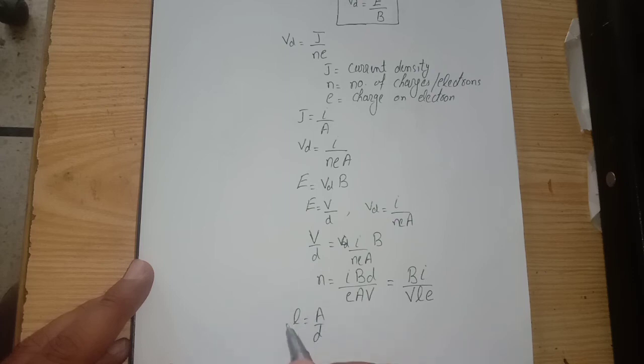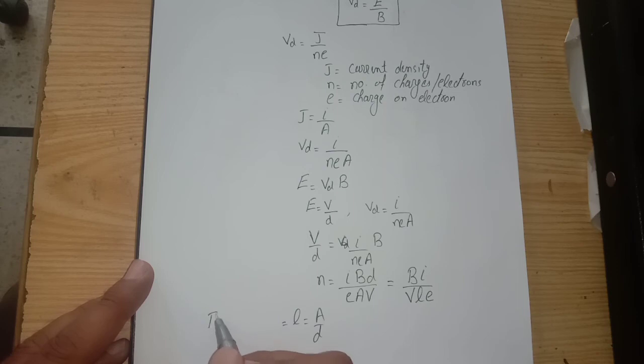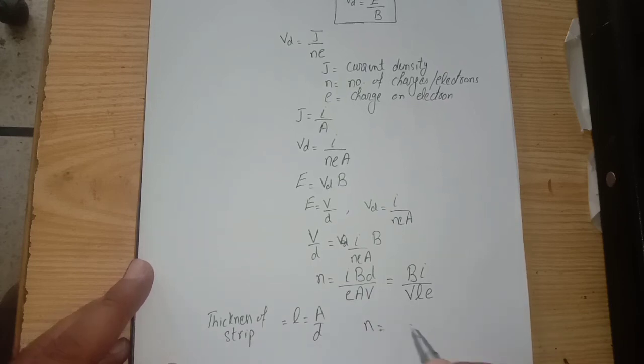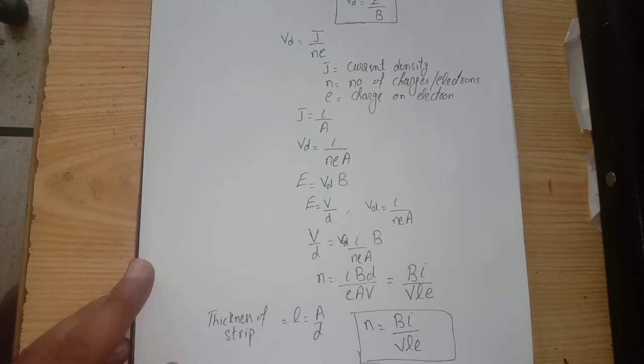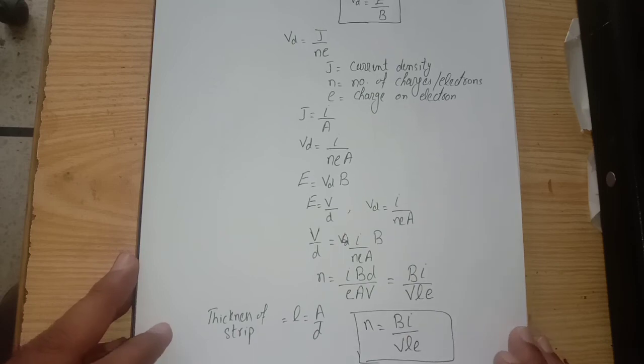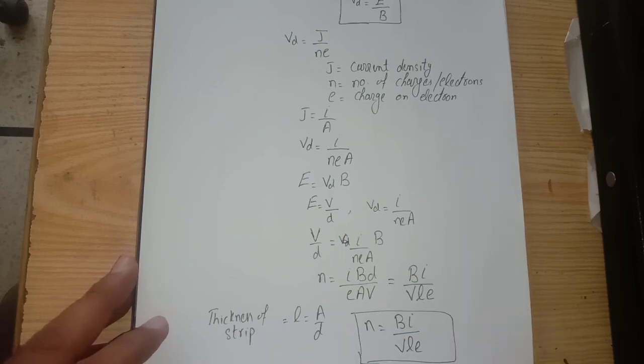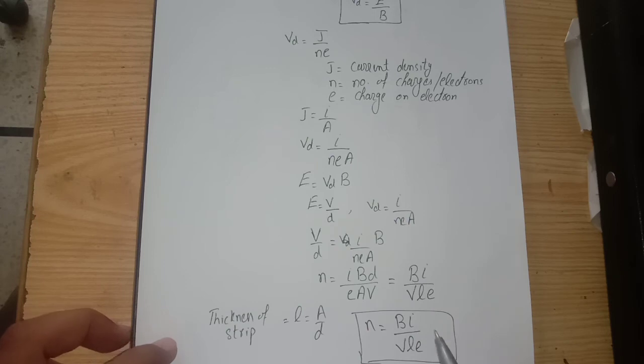What is this L now? This is the thickness of the strip, that thickness of this copper strip that we are using. So this N is equal to BI over VLE is our final expression for the number density, that is number of charge carriers per unit volume.